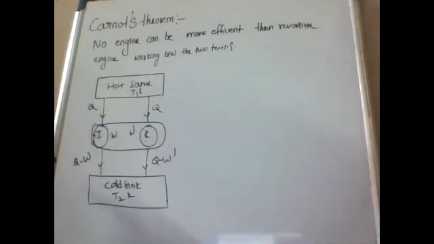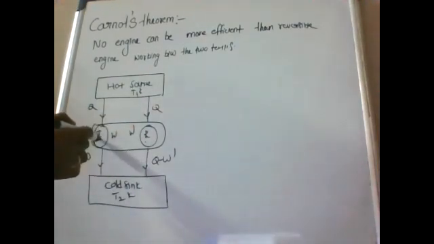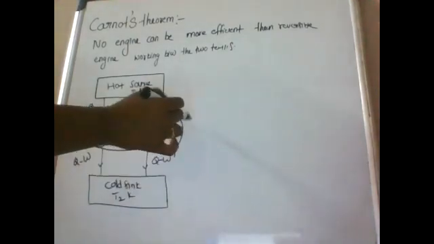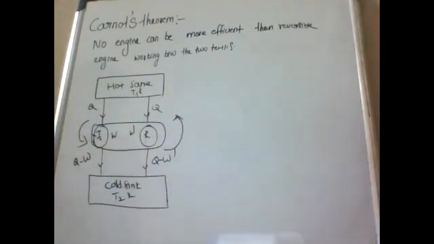So first of all, we have to consider a reversible engine R and an irreversible engine I working with the same source and sink. Here the capital I irreversible engine works in the forward direction, and the reversible engine works in the backward direction.